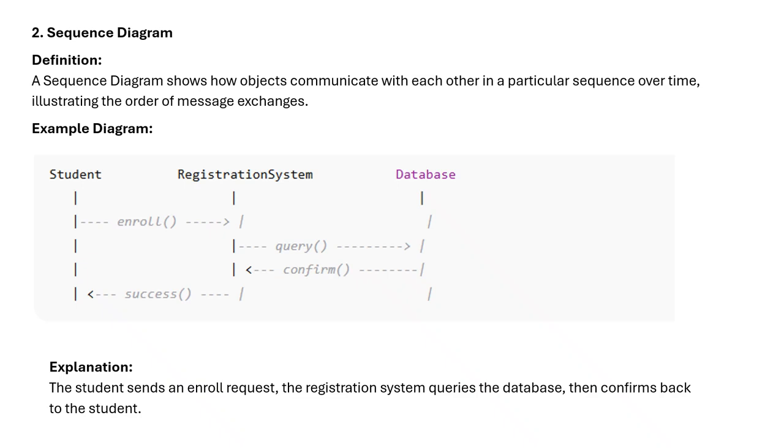First, a message goes from the student to the registration system, and the second message goes from the system to the database, and then the database does the work: it enrolls the student in the class and returns the confirm message. Then the system sends back a message saying that the student is successfully enrolled in the class. So this is the sequence diagram.